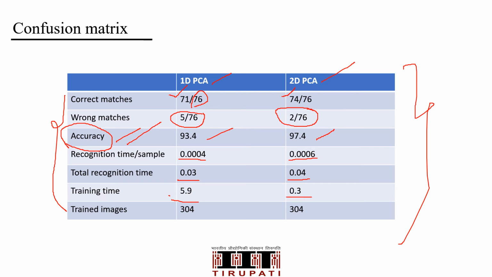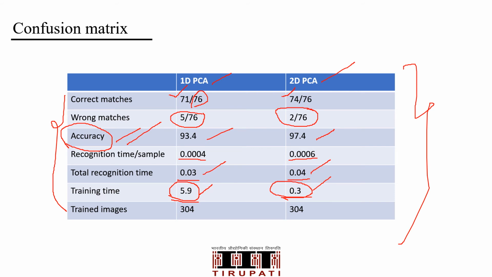This is where the 2D PCA makes difference. For recognition time, see here, more or less both the methods recognize the image within similar time, but here 1D PCA takes more time for training rather than 2D PCA.